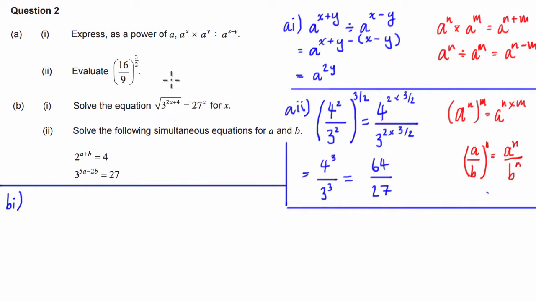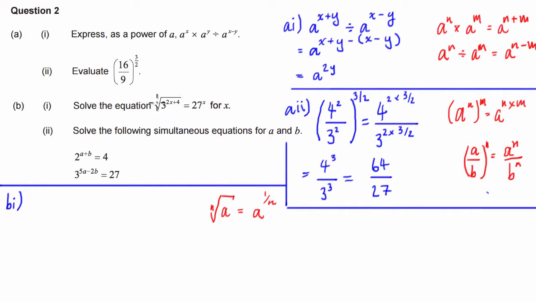I'm also going to rewrite using the new index law we're using here: the nth root of a is equal to a to the power of 1 over n.